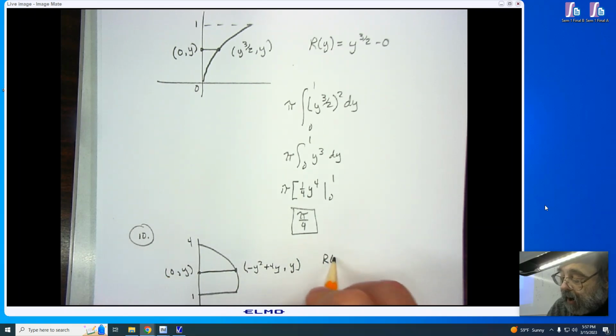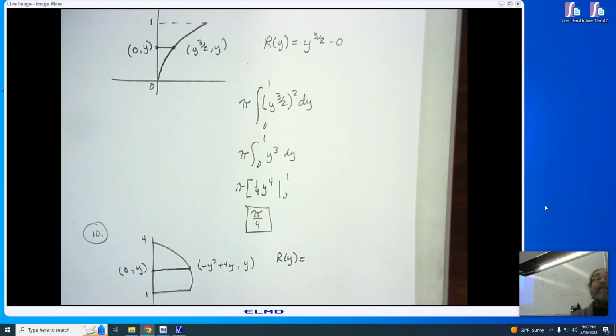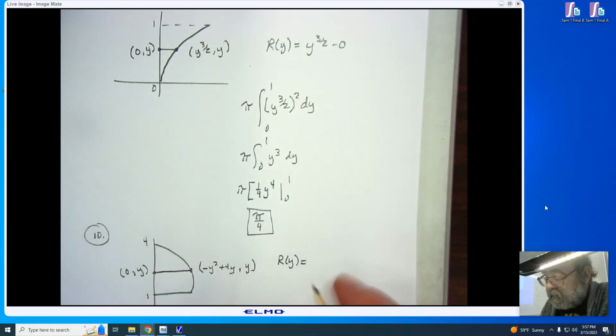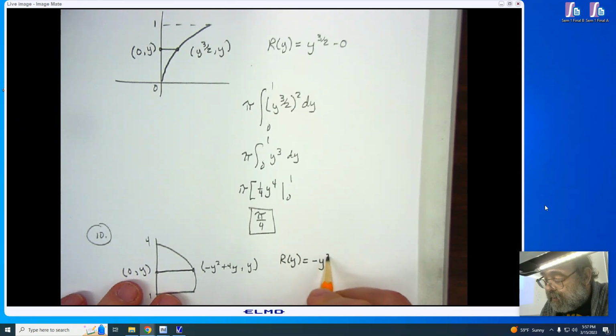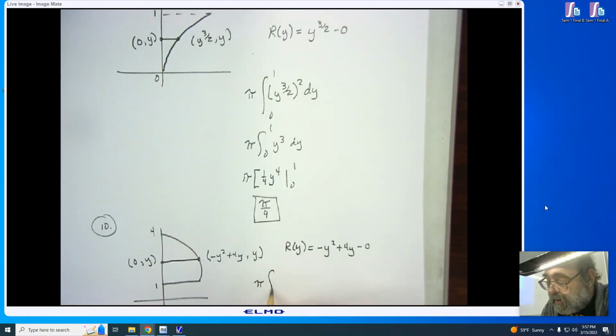That means my r of y is going to be the result from the right x minus the left x. So I have negative y squared plus 4y minus 0. And the formula that I'm going to use is pi, integral 1 to 4 of negative y squared plus 4y, the quantity squared, dy.